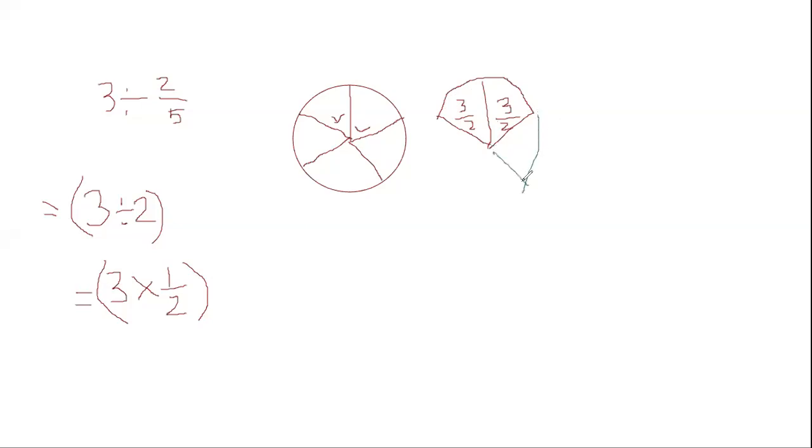So there are 3 more parts. And each will have 3 by 2 pieces of chocolate. So total we will have, so total this much is there in the entire plate.